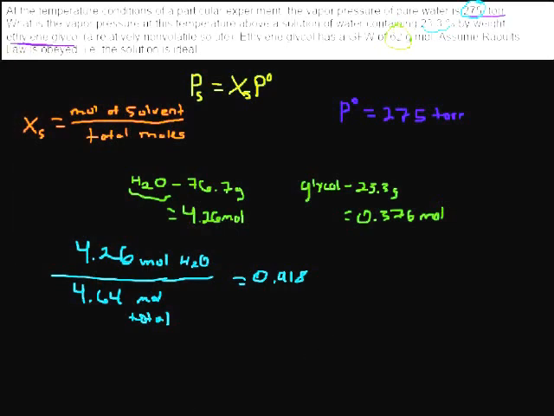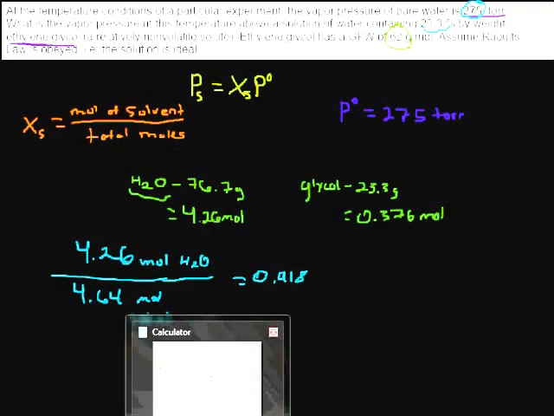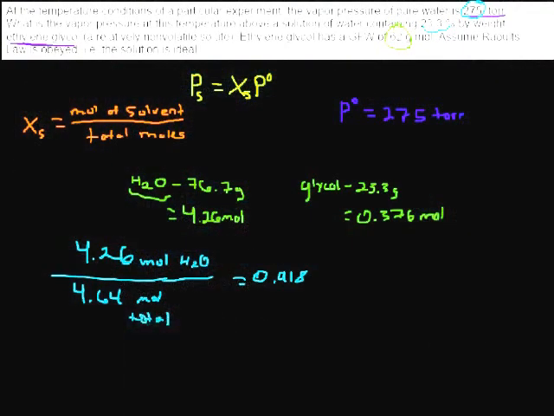Okay. So now what we need to do is take this number and multiply it by this number to get our answer. So 0.918 times 275, because mole fractions are unitless, so this unit is the same as this unit, I should say.